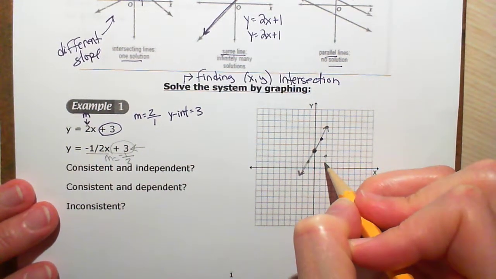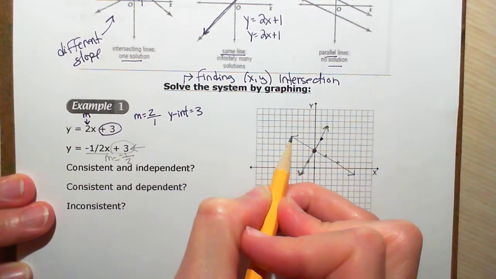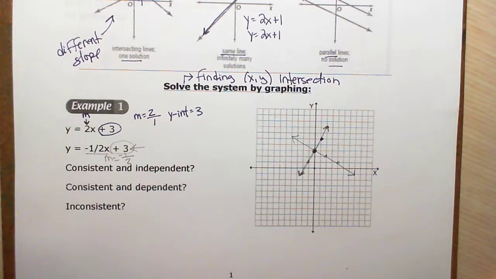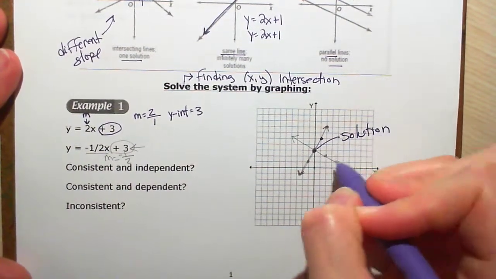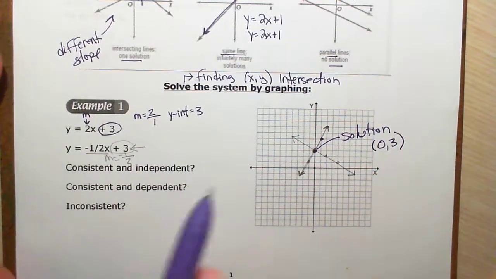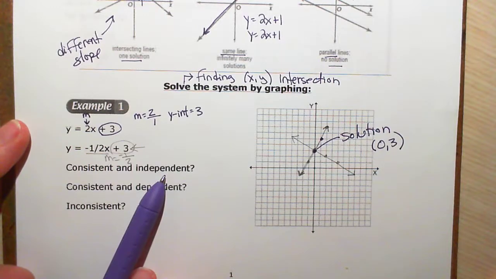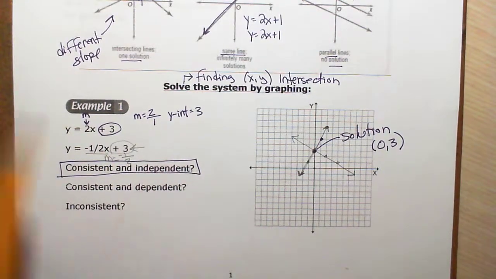I go down because I have a negative slope. So there's my graph. My solution is this coordinate point: over 0, up 3. And then is it consistent or inconsistent? It has one solution, so it's consistent and independent.